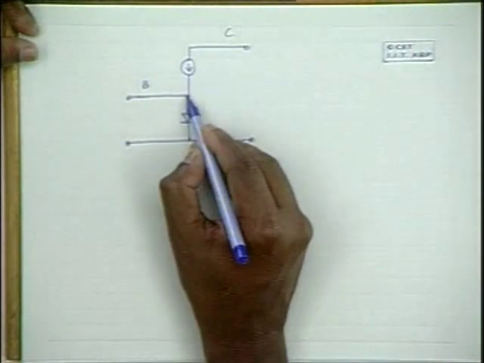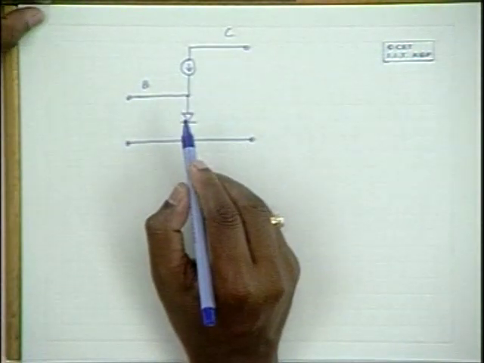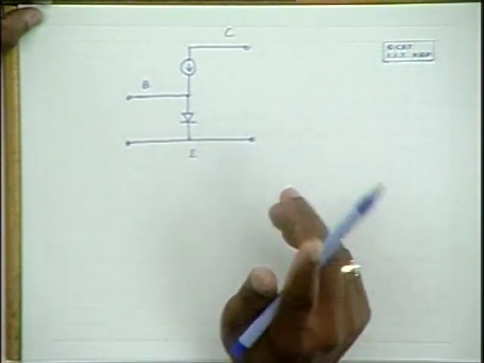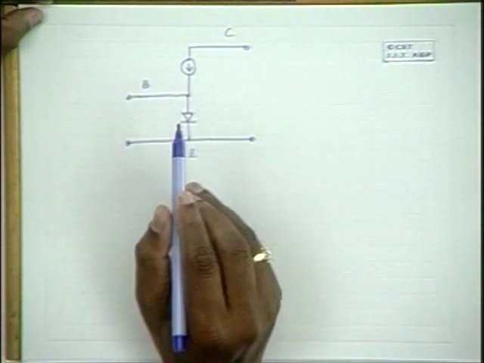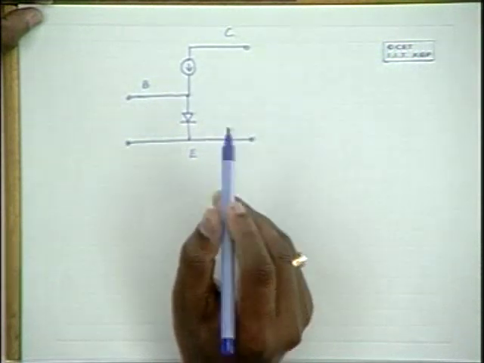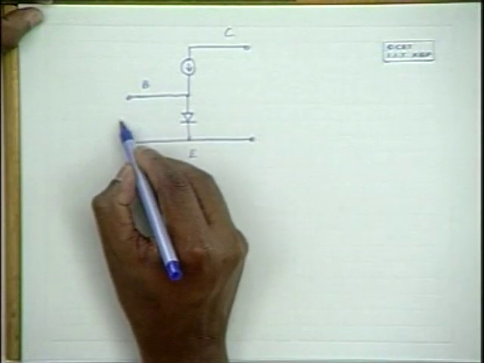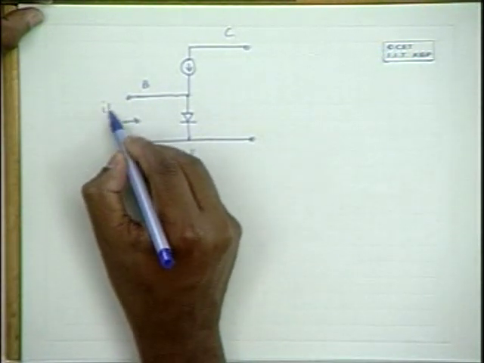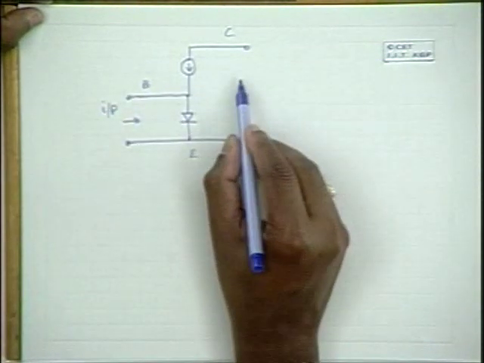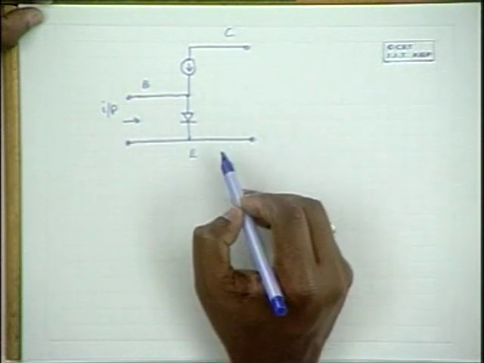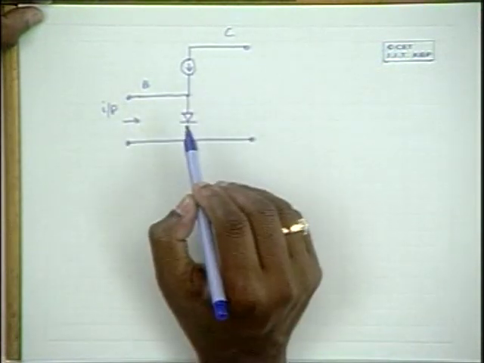Now the same thing is used here also. The only difference being in how you are applying the input and between which terminal and which terminal you are taking the output. So please note that in this particular case this is the input. Between base and emitter the input is being applied, and the output is being taken between the collector and emitter, not between collector and base.